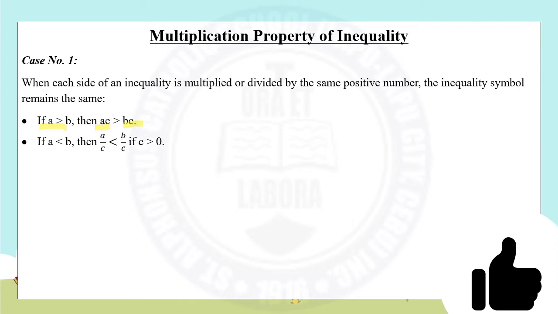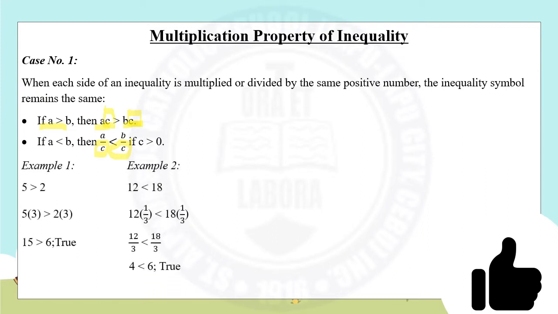For this one, a less than b, then a over c less than b over c. You divide both sides by c, and here and also here you multiply c to this side, then you also multiply c to this side.